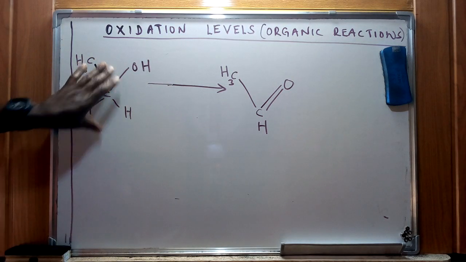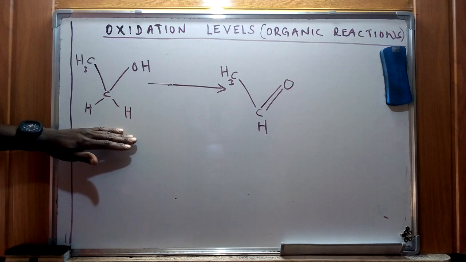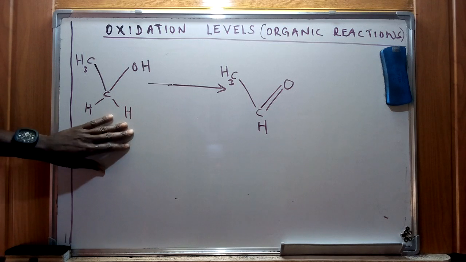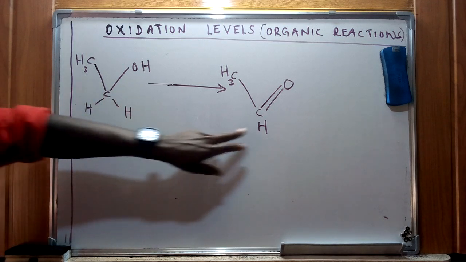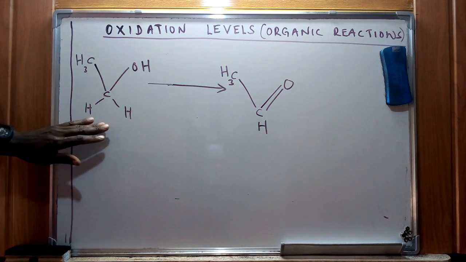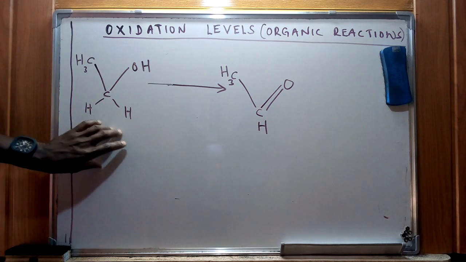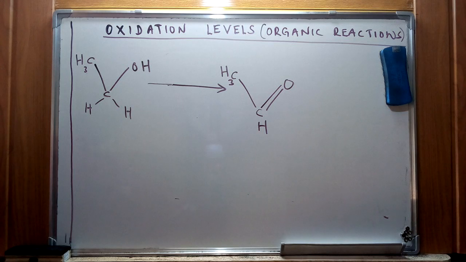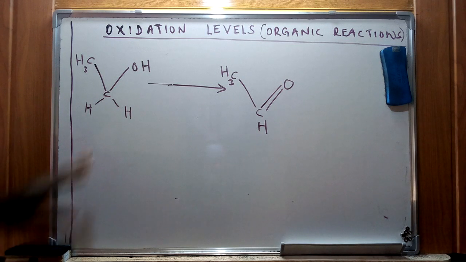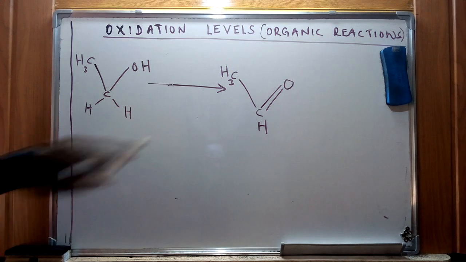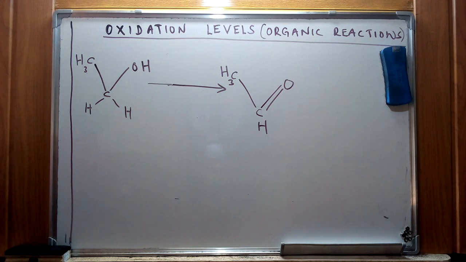So we had said earlier, from the organic compounds series, that we can identify this one as an alcohol, and this is an aldehyde. So there's a transformation from an alcohol to an aldehyde that we had mentioned earlier in one of our discussions on organic reactions. But for this one, I want us to identify the kind of changes which have taken place.